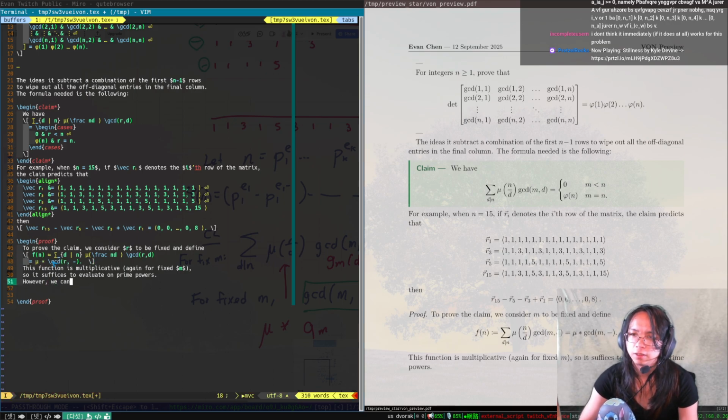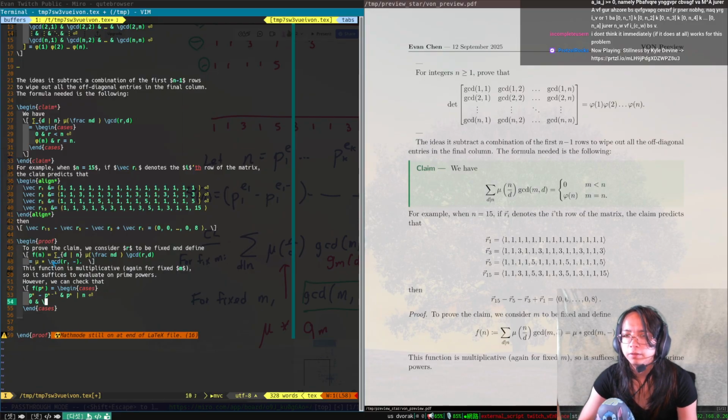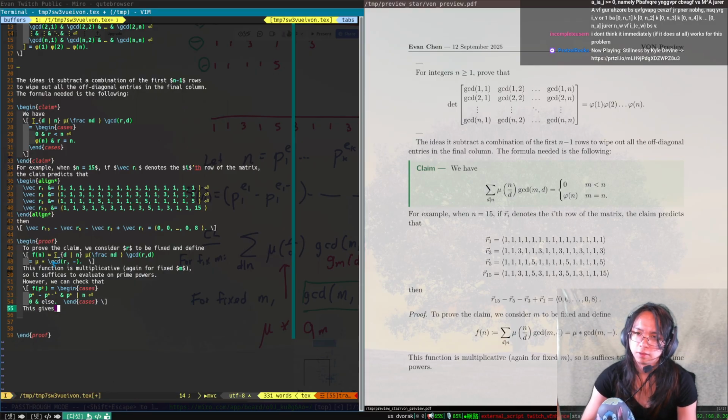However, we can check that f of p to the e is equal to p to the e minus p to the e minus 1 when p to the e divides R, and 0 otherwise. That's a complete description of f.